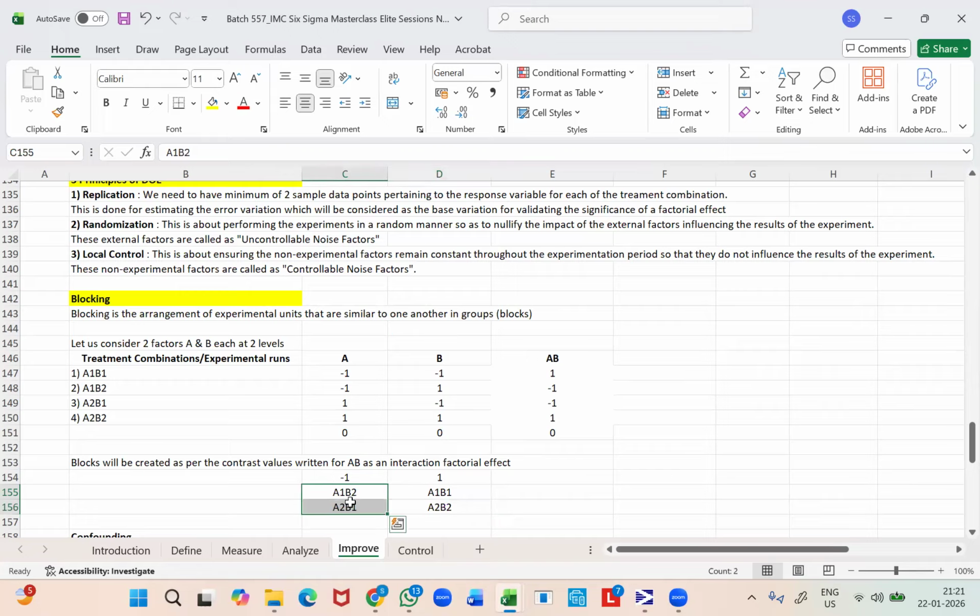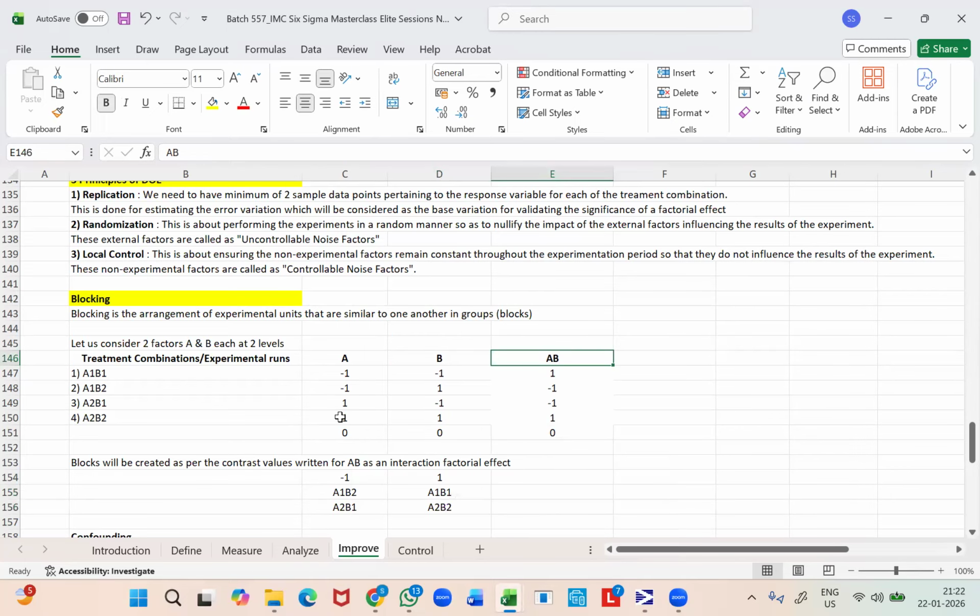So for the treatment combinations falling under minus 1, we will use the milk from a particular lot. And for the treatment combinations falling under plus 1, we will be using milk from a different lot, because we don't have sufficient quantity of milk to last the entire experimentation period. So through this approach, we would be able to successfully validate the significance of the main factorial effects A and B, but we will not be able to validate the significance of the interaction factorial effect AB, right?